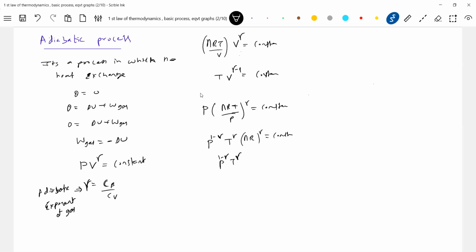It's gamma, not R, it's gamma. Okay, there's one more formula. Pressure and temperature are related by P to the power of 1 minus gamma by T to the power of 1 by gamma. This is about the relationship between pressure, temperature and volume. Very important, at many places this equation will help us in deciding a particular graph. It will come at many places, not only here.